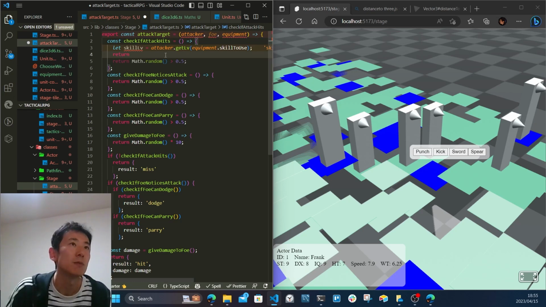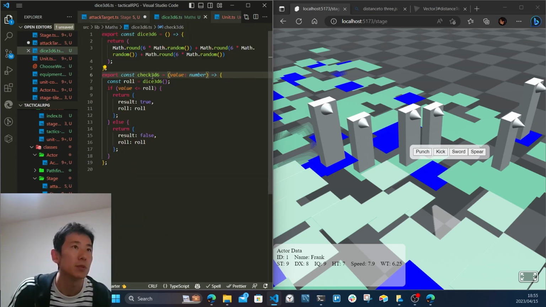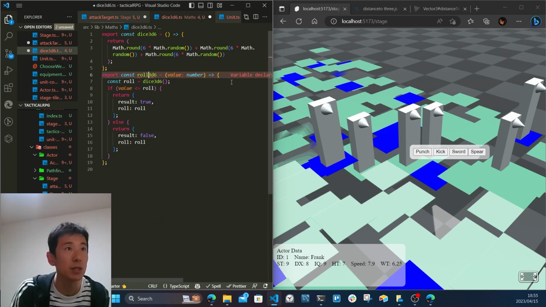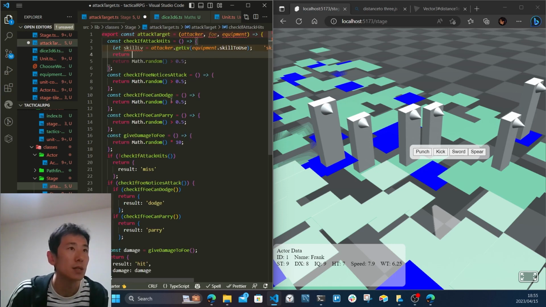Okay, so success roll is the name. So check3d6 isn't really the name. It should be roll3d6. That would be the check. Okay, so roll3d6, and that will be skill level, and the result is true or false, right?